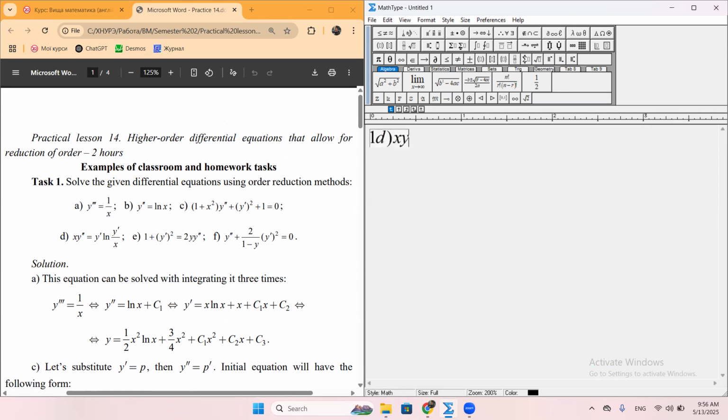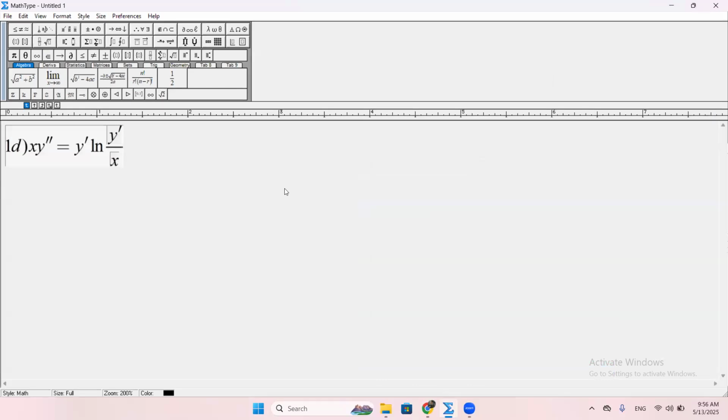So x y double prime equals y prime logarithm of y prime over x. So again, we do the substitution. y prime equals p, and then y double prime equals p prime.